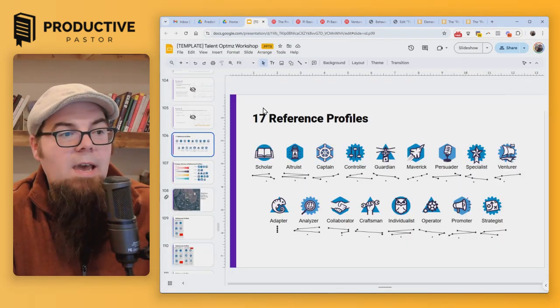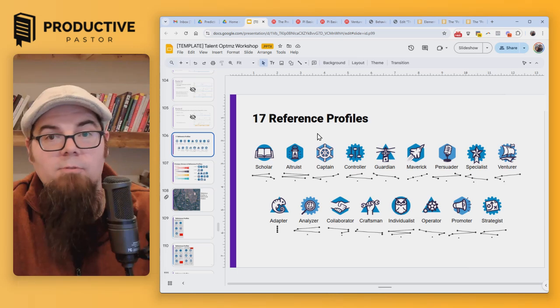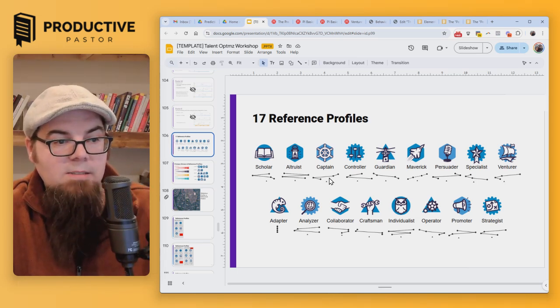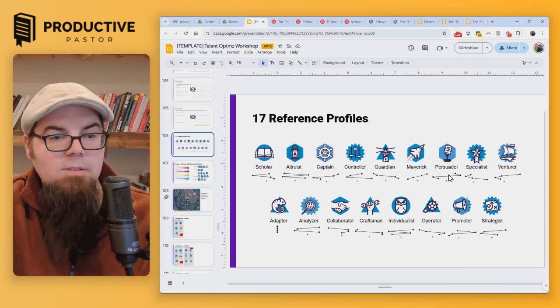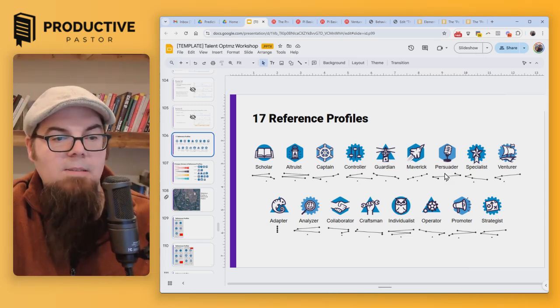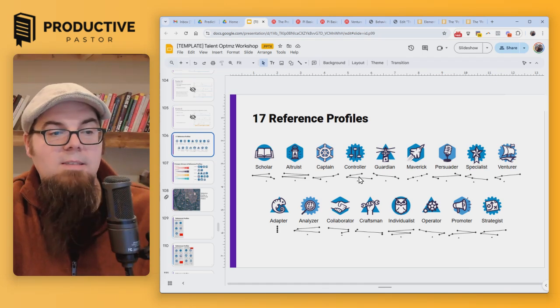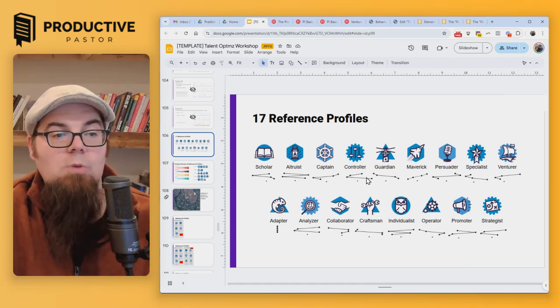First, let's look at these 17 different reference profiles. You can see here that they all have these different patterns, is what they call them, with this little diamond as a midpoint, and then these 4 dots that are just all over the place. What this is doing is measuring these 4 drivers, is what they call them.